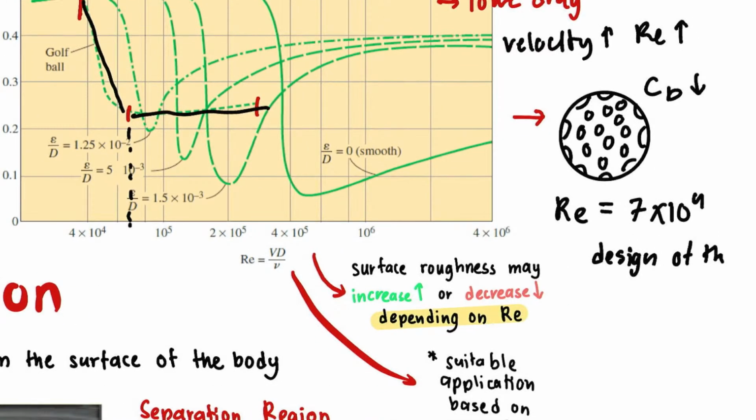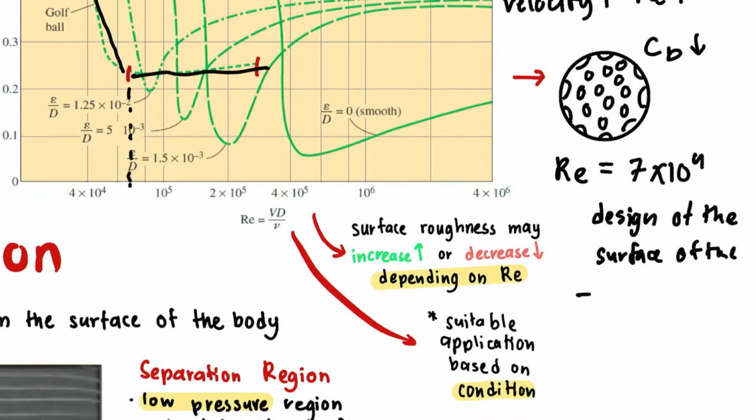Because the design of the surface of the golf ball is to maximize flow and reduce flow separation.